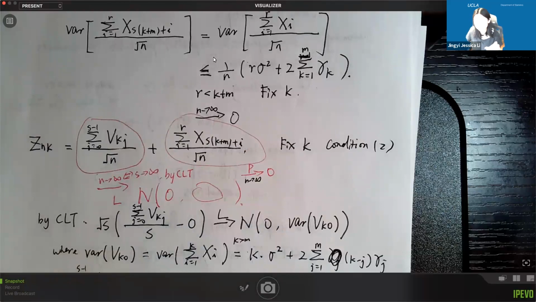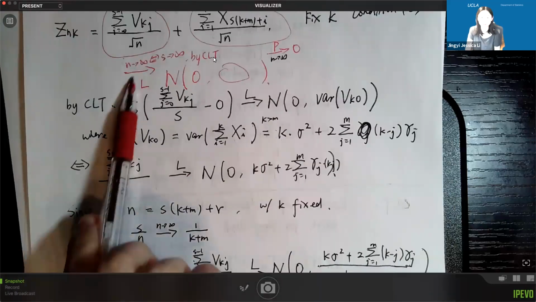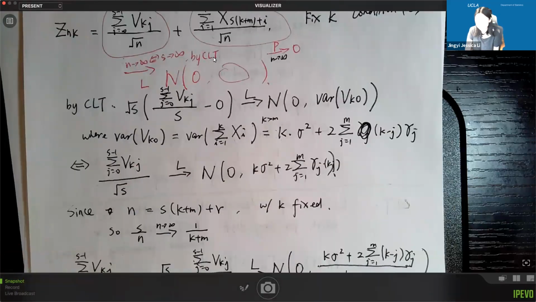And because k can be very, very large, we can have them occupy the summation. And that's why ultimately we can apply the central limit theorem. I think the smart thing here is that we fix the m, the gap, which is by the m-dependent sequence, but we let the segment k grow with n.